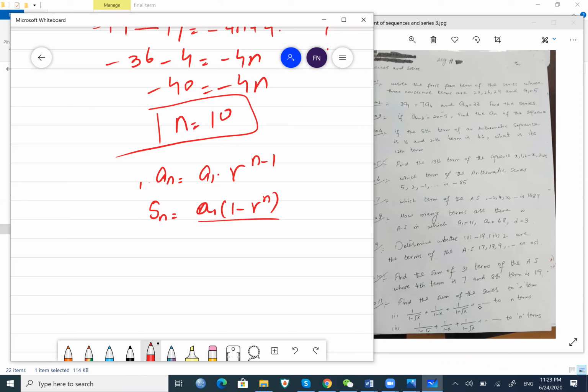Both formulas are for a geometric sequence. Any more questions? These formulas are for geometric. Okay. Thank you.